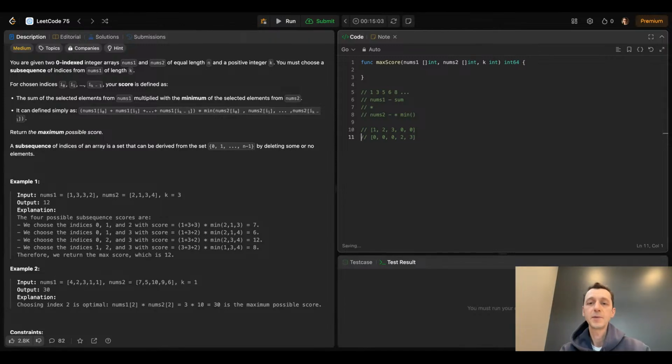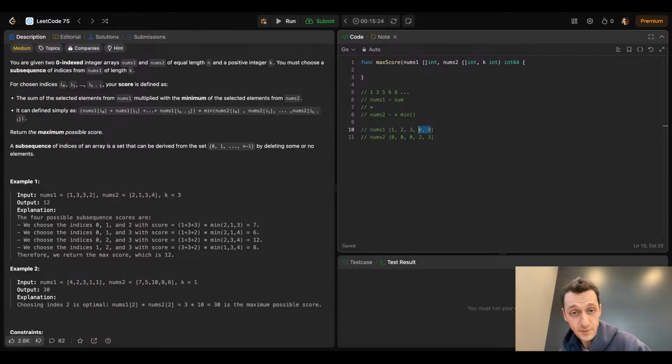So this is nums2. We sort by the bigger ones, but they will give us a 0 on the left multiplier, because the sum of the nums1 is the left multiplier.